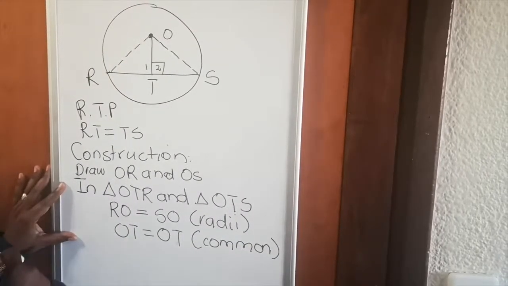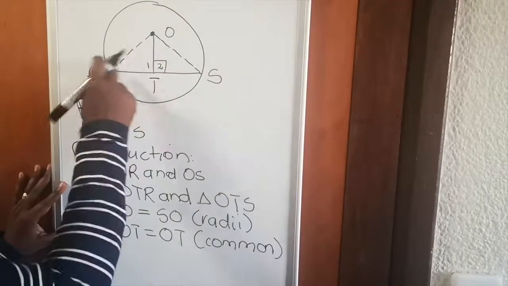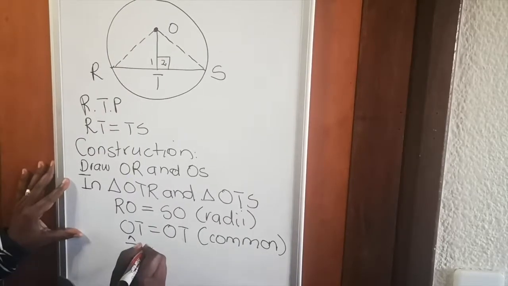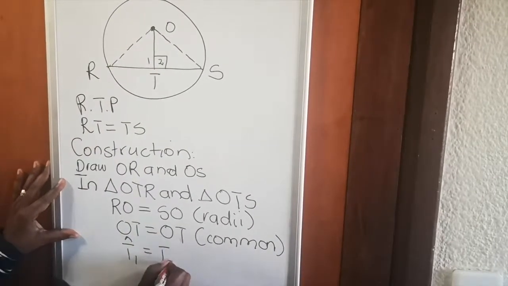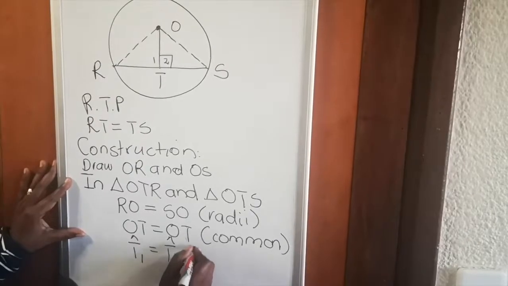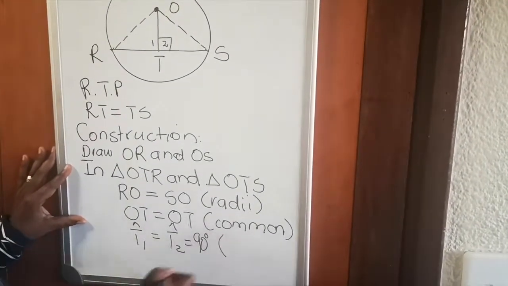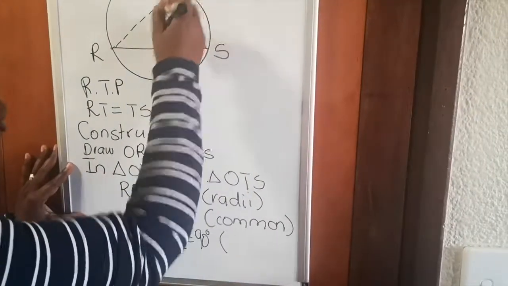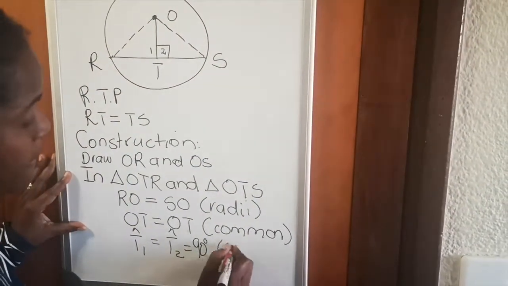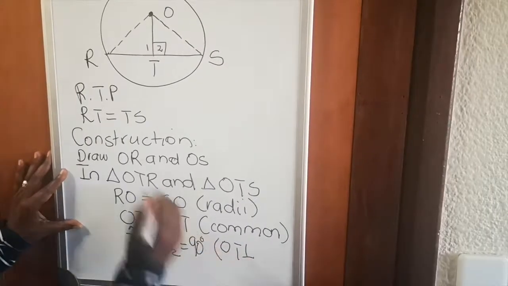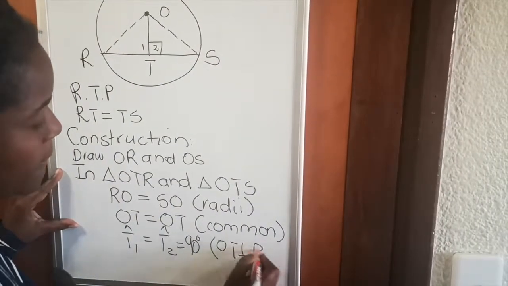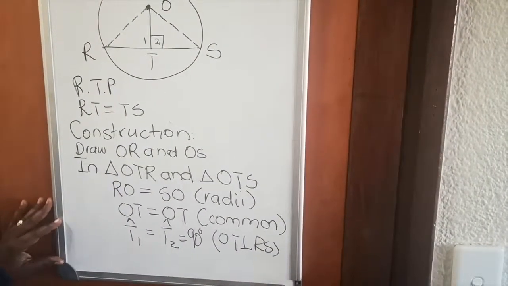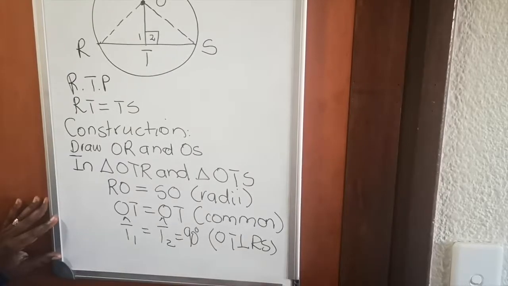Then the third one: in this triangle we have angle T1, which is equal to angle T2 in the other triangle, and these two angles are equal to 90 degrees. Why are they equal to 90? Because line OT is perpendicular to RS. Now we have the three conditions that you need for proving that two triangles are congruent.